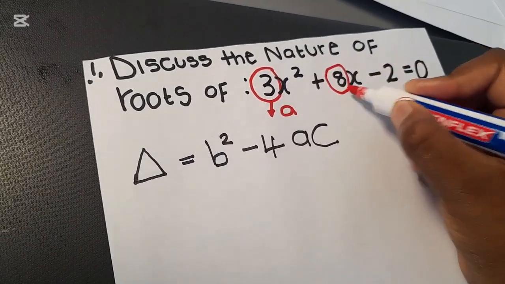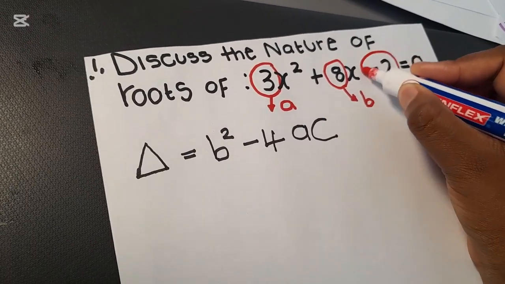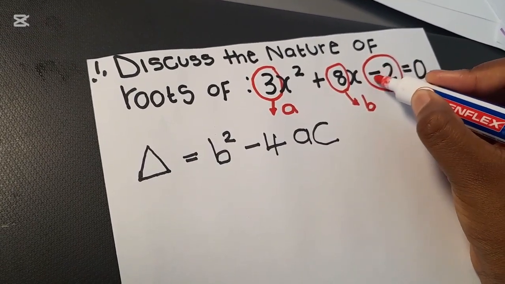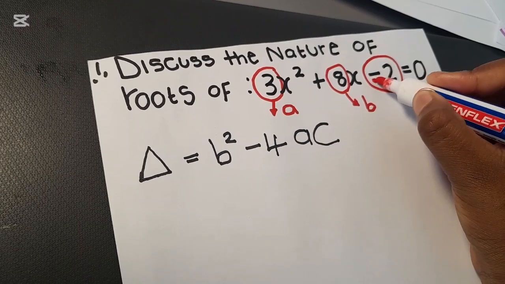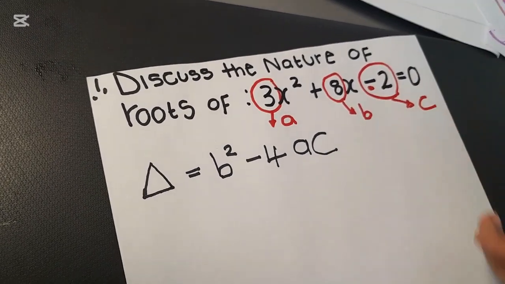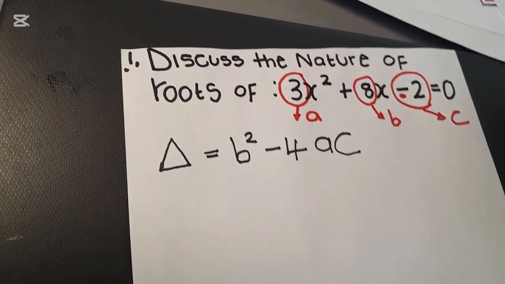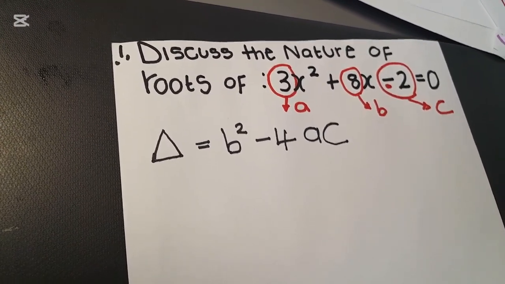There's 8 here, it's our b. And don't forget to take the sign as well. So this is going to be our c, the constant value, which is -2. So now, going back to determining our discriminant.